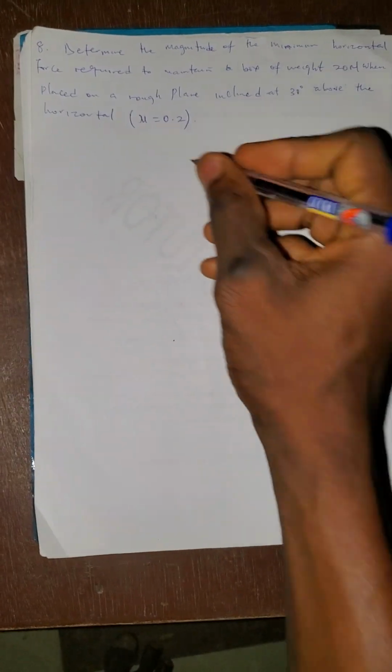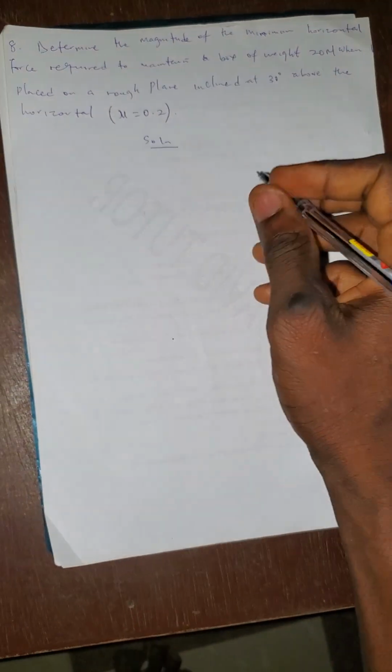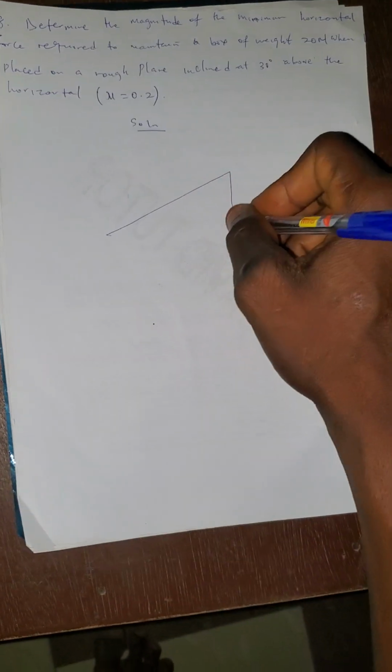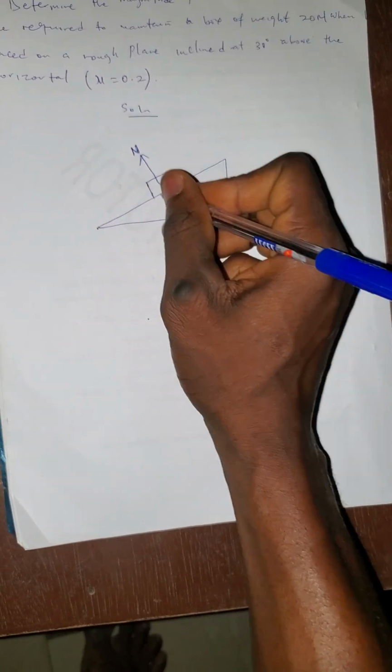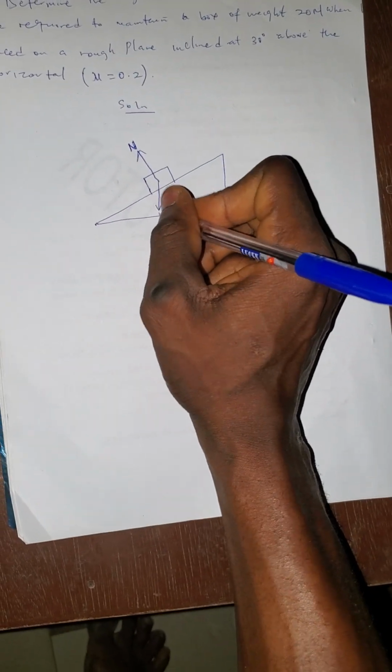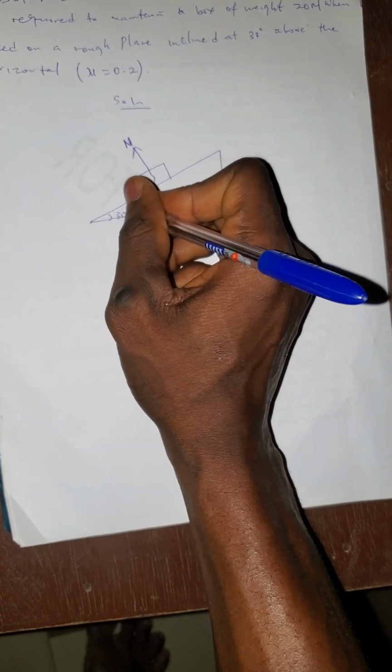Now, when you have this type of question, it will be an inclined plane. So let's draw the structure like this. This is a box, and the normal reaction will be here, and the W will be here. But the theta is 30 degrees.